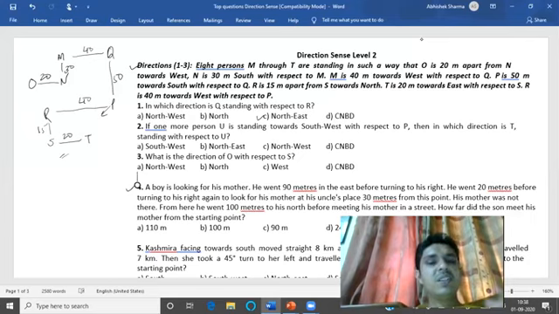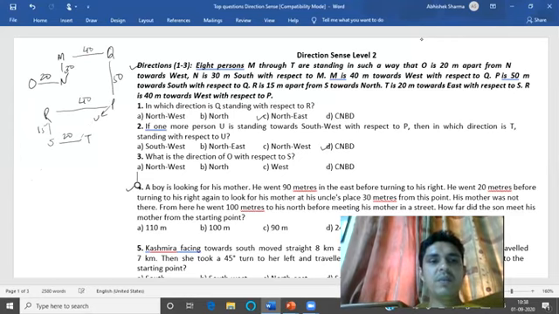So only this information is given, that U is southwest of P. So U can be here, or U can be here, or U can be at any point, but only on southwest, right? And the question is asked, in which direction is T standing with respect to U. So this cannot be determined. The answer will be D, cannot be determined, right?